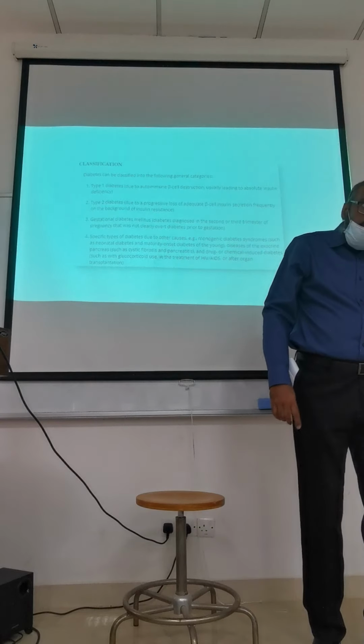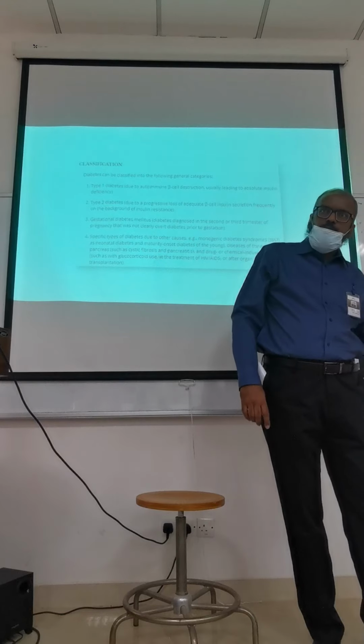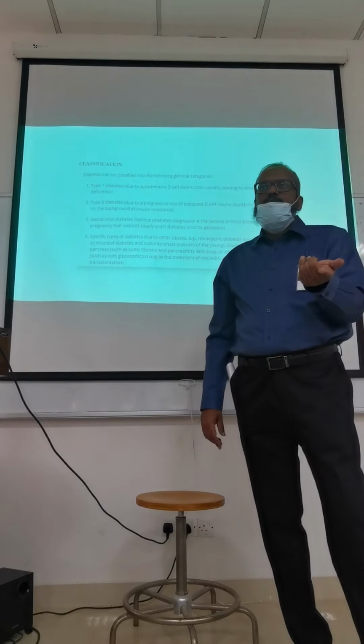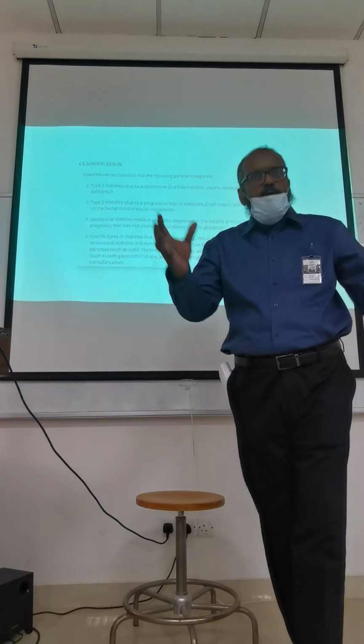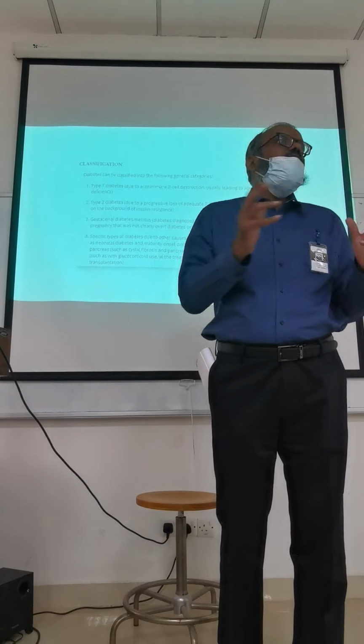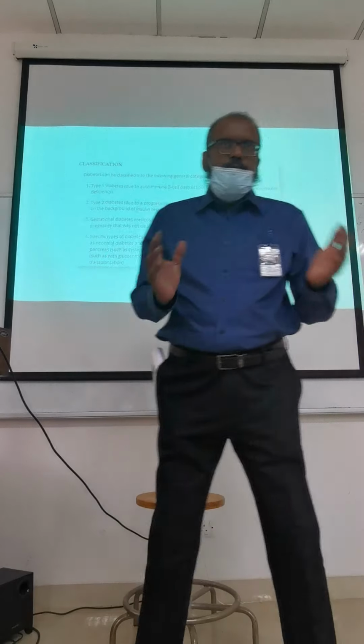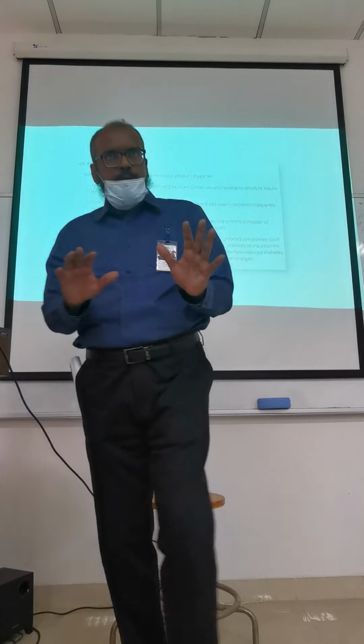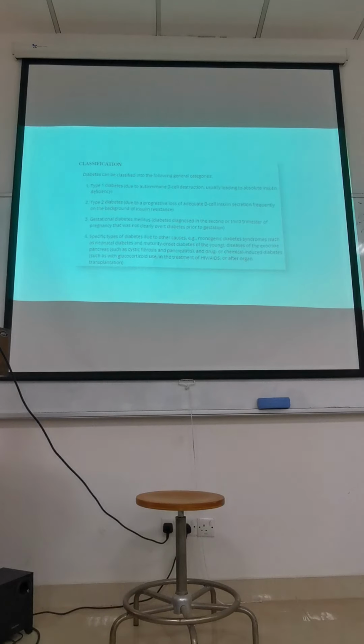So any person who has a cholesterol problem or blood pressure problem, I need to check for diabetes as well. These are all called risk factors. So if one risk factor is there, you look for another. Clear?